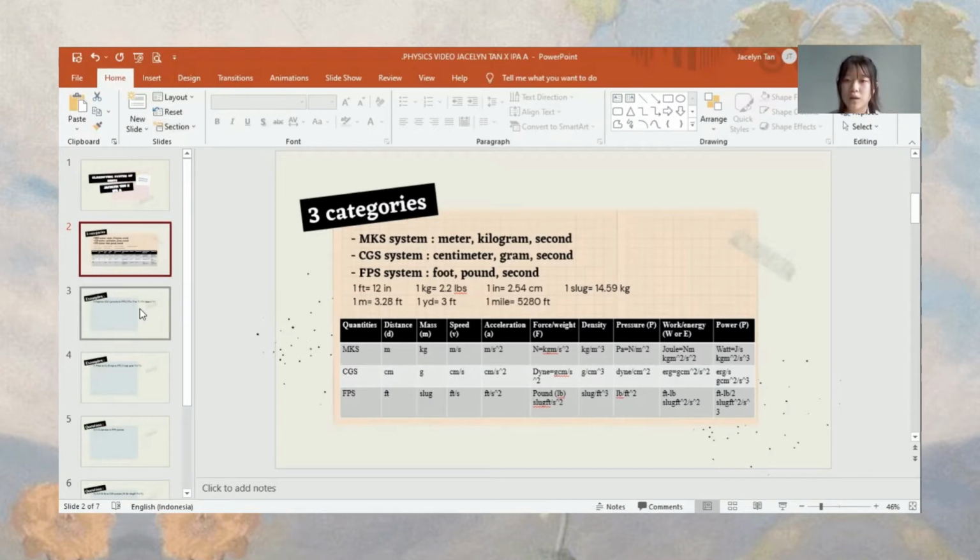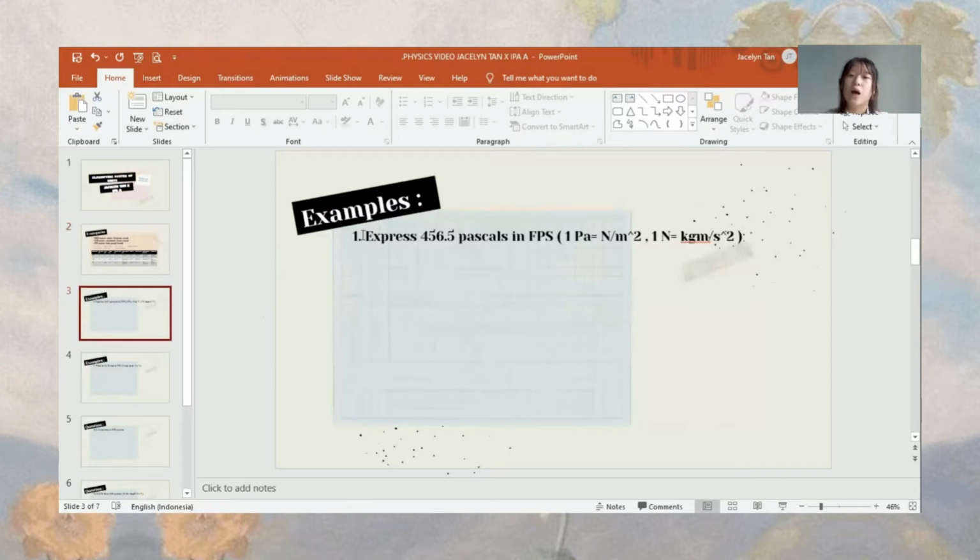So here are some examples. Example number 1. Express 456.5 pascals in FPS. So we know that 1 pascal is equal to Newton per meter squared.